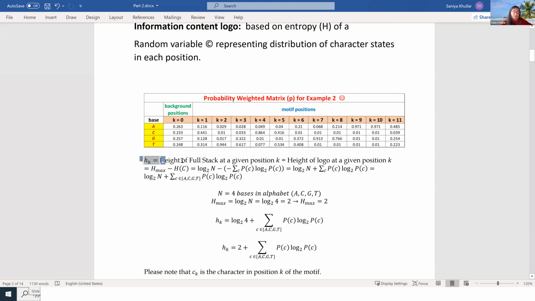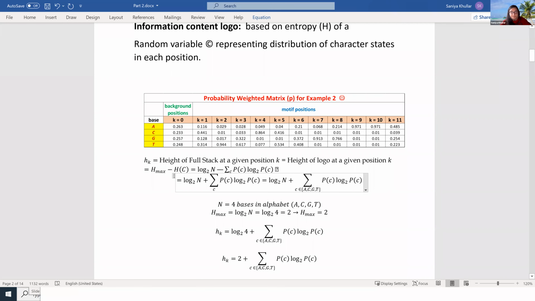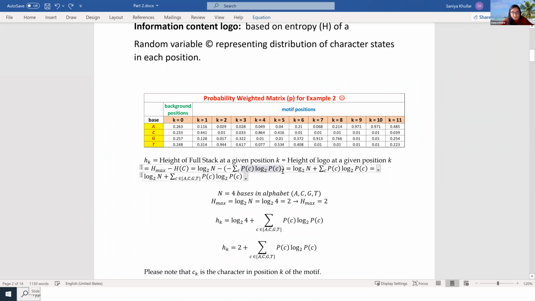One formula is that H_k, the height of a full stack at a given position k, is the height of a logo at a given position k. So you take H max, the maximum entropy, minus H of C. This is just a formula that you should use right here.